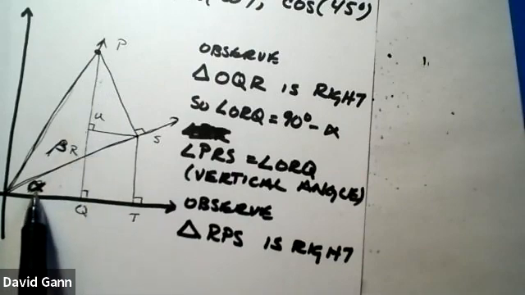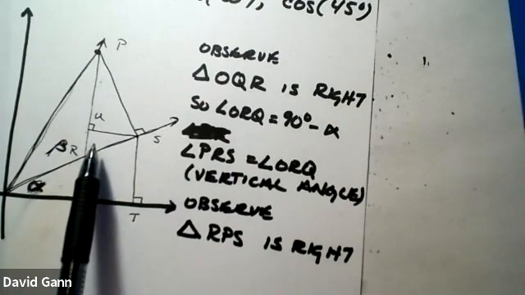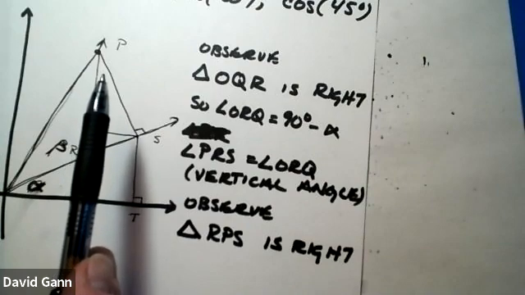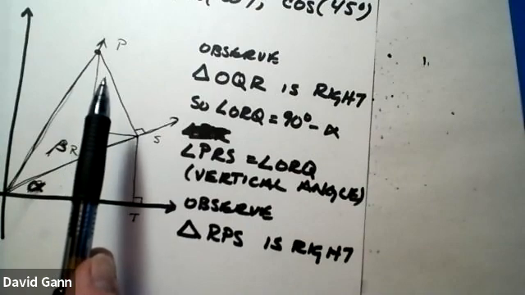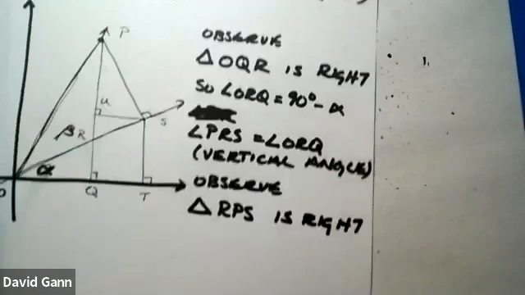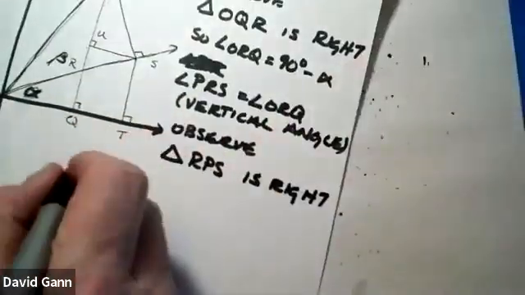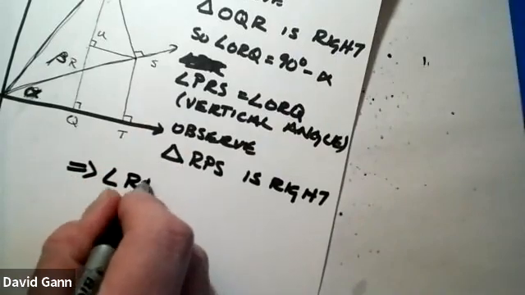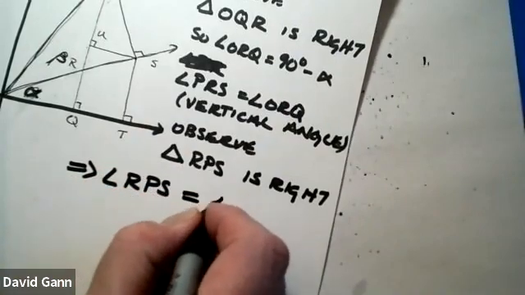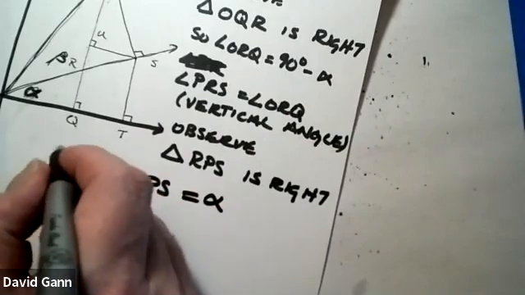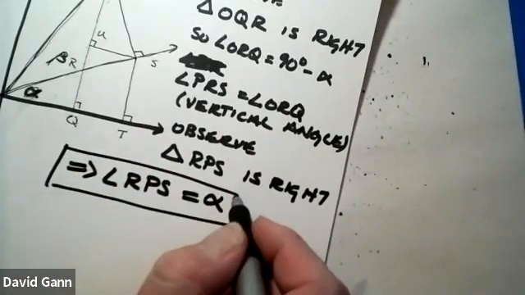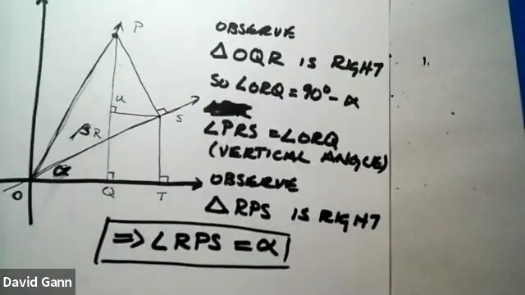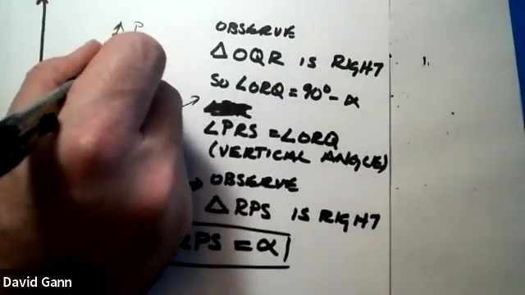So we have alpha, complement of alpha, complement of alpha, complement of the complement of alpha, which is the same thing as alpha. So the net result is that angle RPS is equal to alpha. That's sort of a geometry conclusion. And I'm going to go ahead and label that in our diagram here now that we know it.